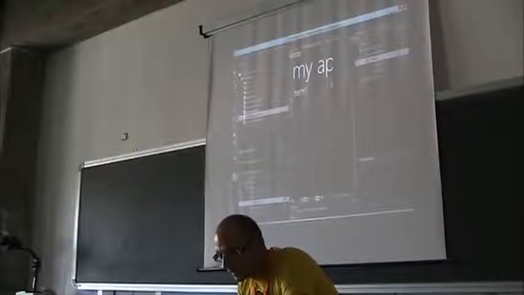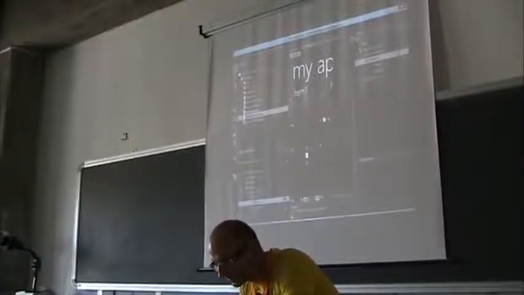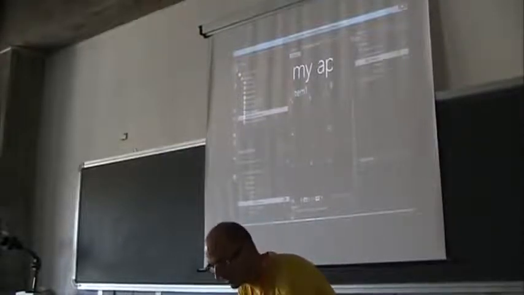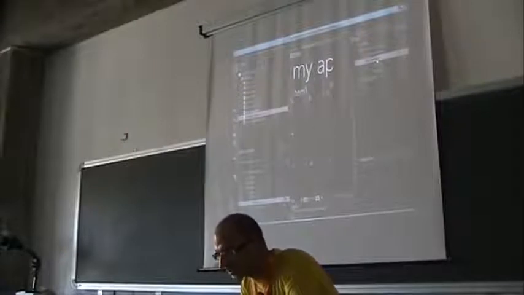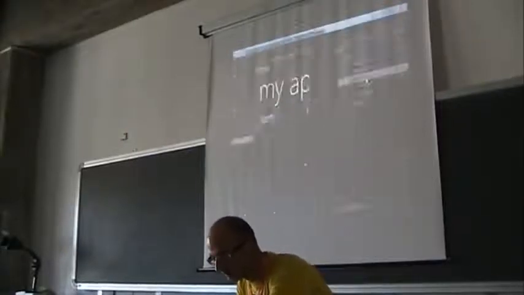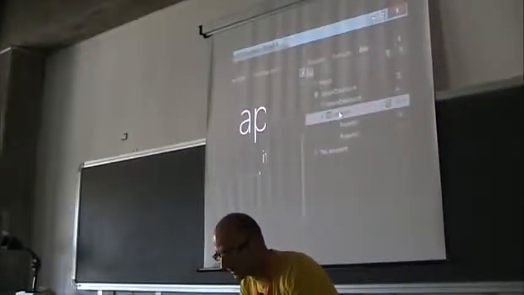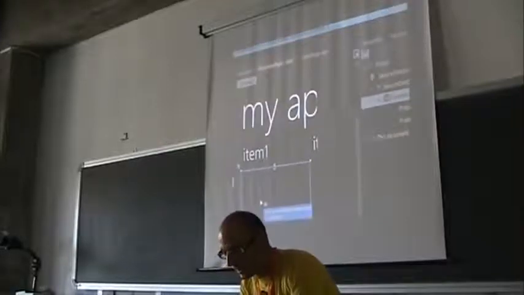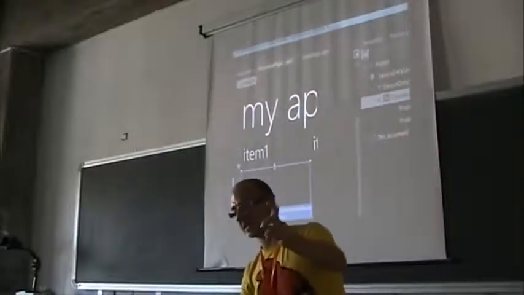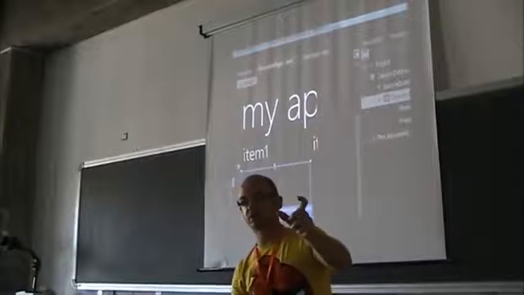Now, I drop it on list box, and I'm now adjusting, creating the margins. Okay, and now the collection. Okay, here goes collection, and he says data bind list box to collection.